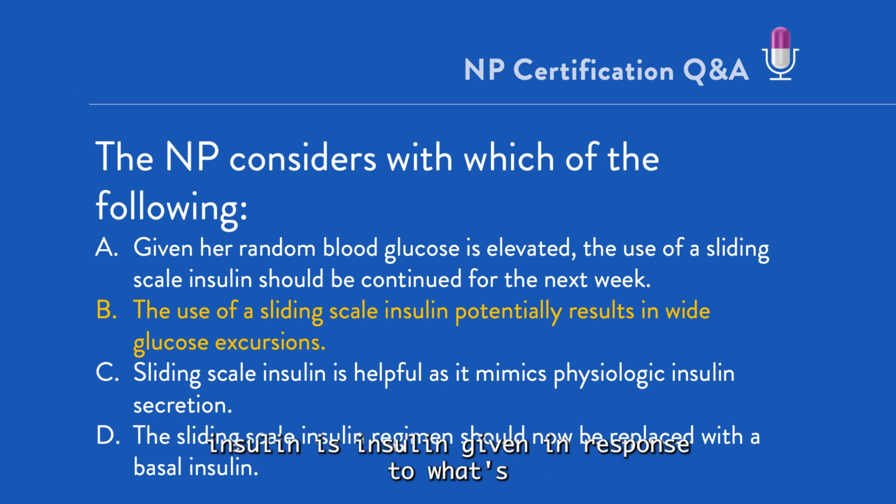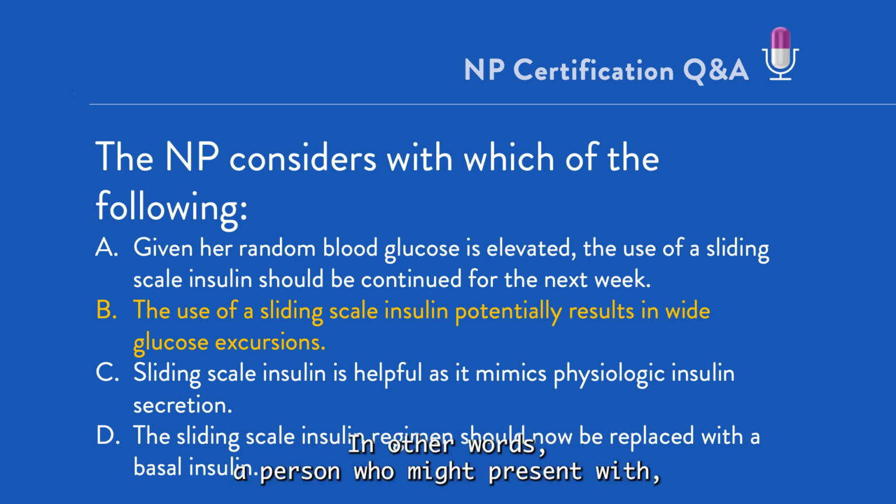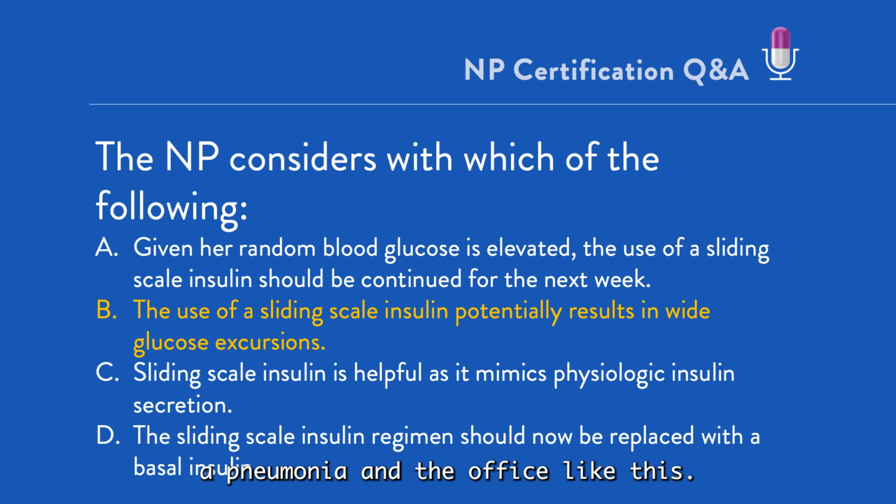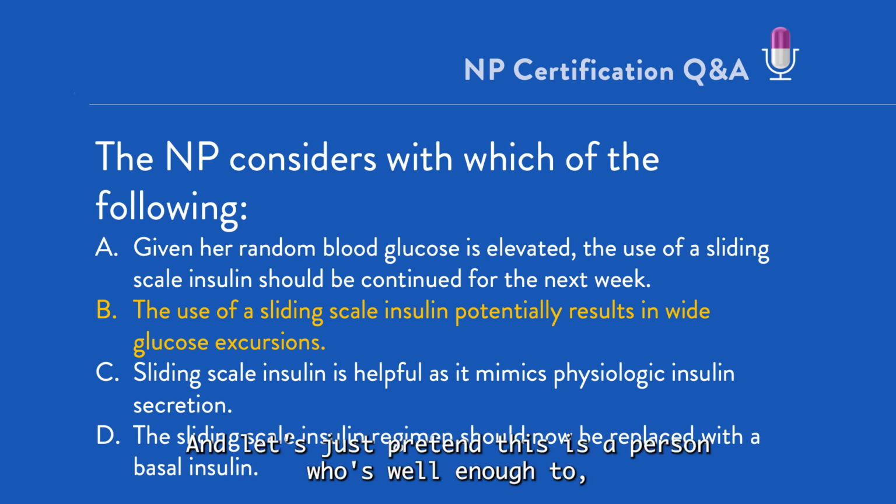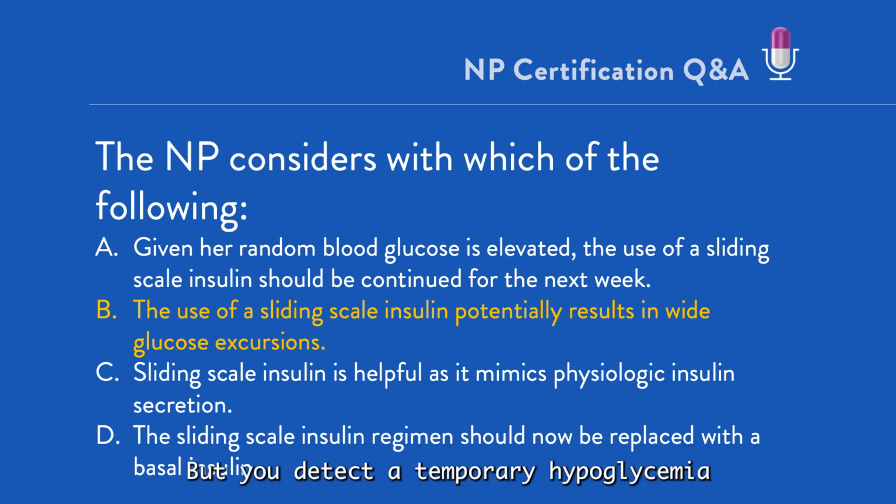Correction insulin is insulin given in response to what's anticipated to be a short-term hyperglycemia. In other words, a person who might present with a pneumonia in the office like this, and let's just pretend this is a person who's well enough to be treated at home, but you detect a temporary hyperglycemia because of the stress of the pneumonia.